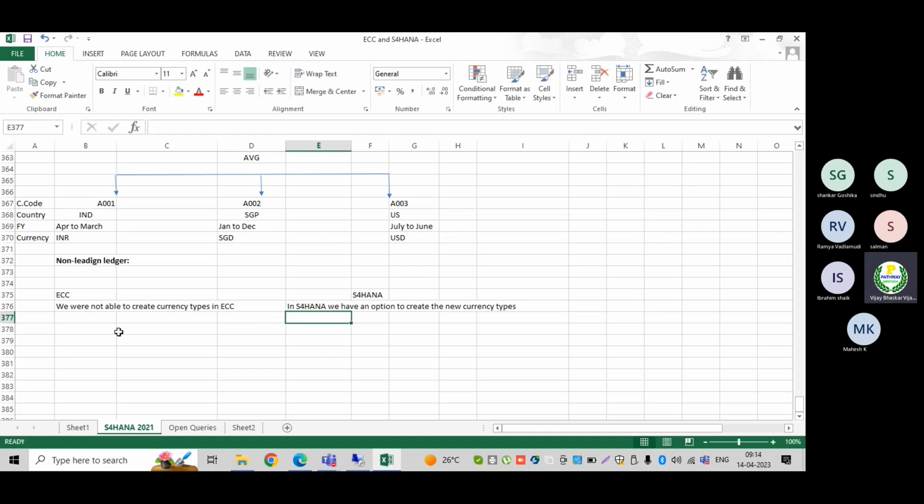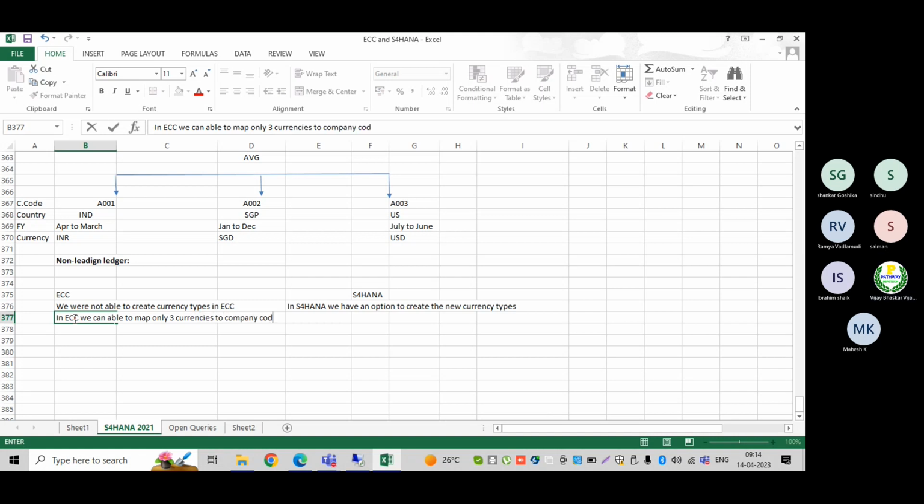Remember, in ECC, we could map only 3 currencies to a company code.